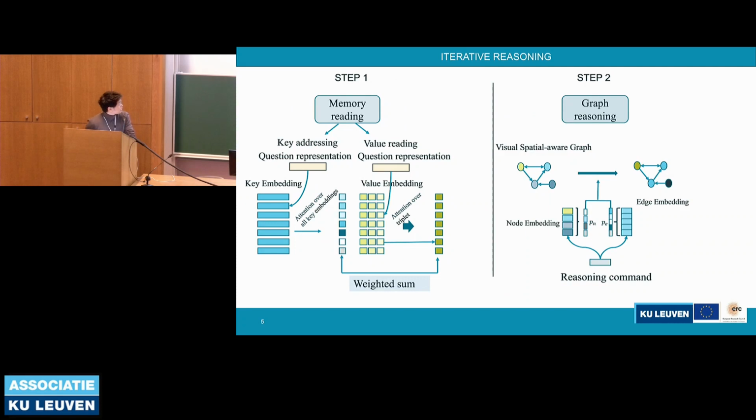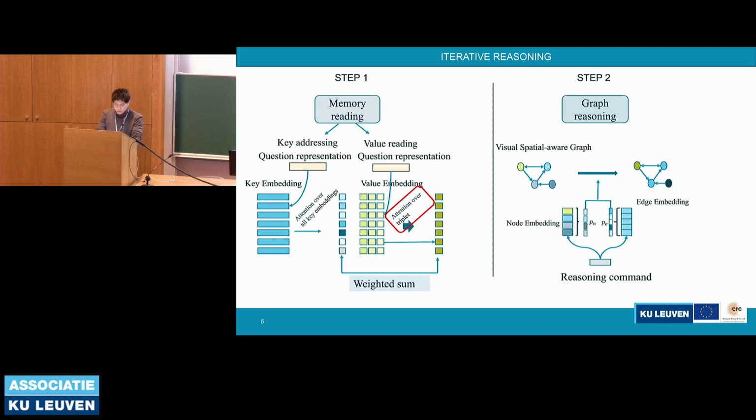Here are the details of each component. The first is memory reading. The memory module is designed to store the knowledge information extracted from the knowledge base, and it contains two parts: the keys and the values. The value is the graph embedding of each component in a triplet, and the key embedding is the average embedding of the three components of a triplet.